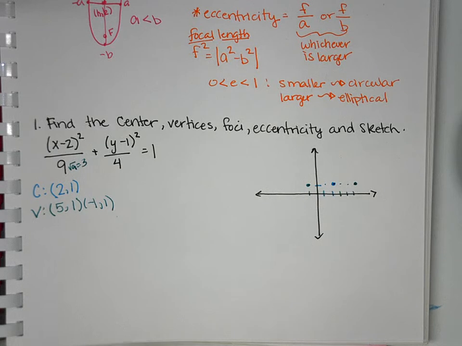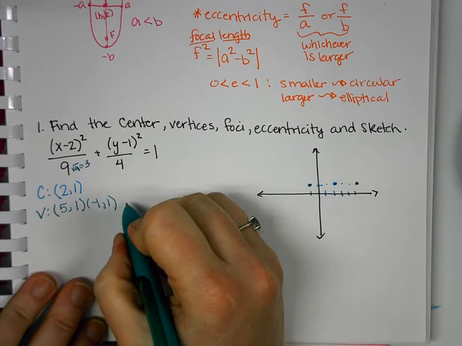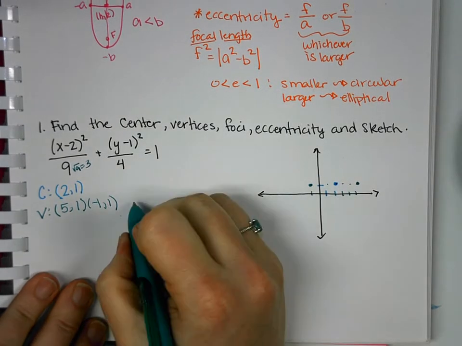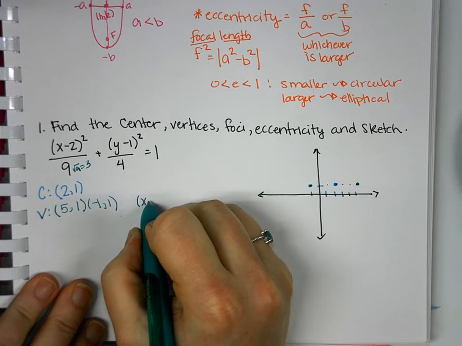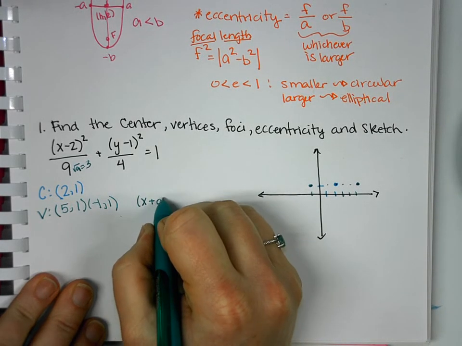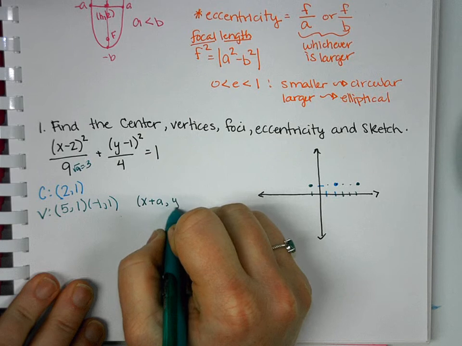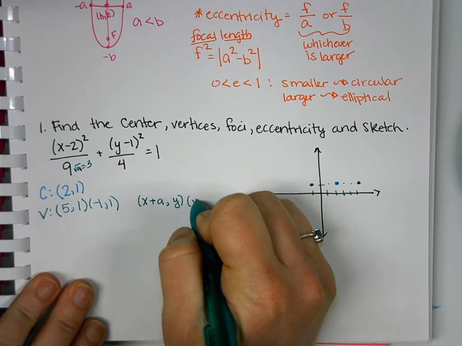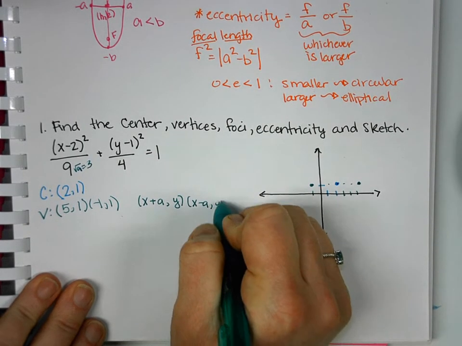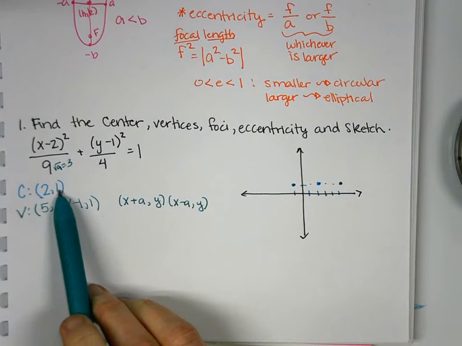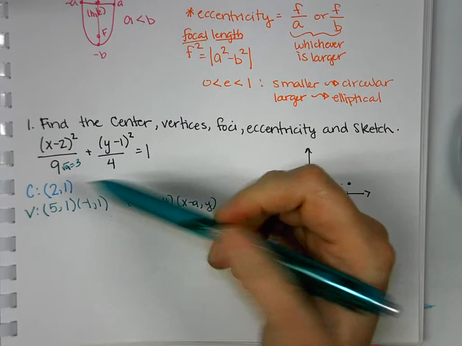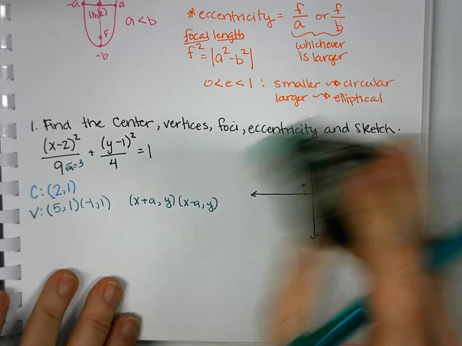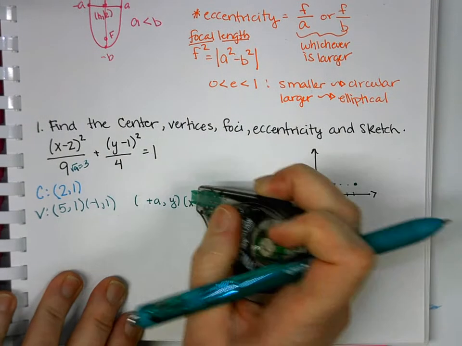The formulaic way to say this is, because it goes horizontally, it's going to be x plus a, y, and x minus a, y. So it's going to be that same value that you had for your center. So I guess I should use h and k so it's consistent with the hk's in the vertex.